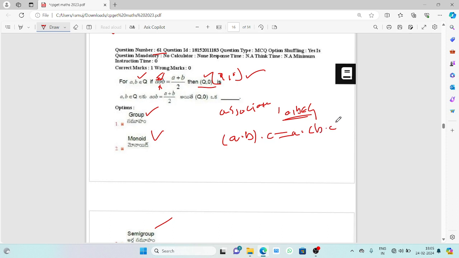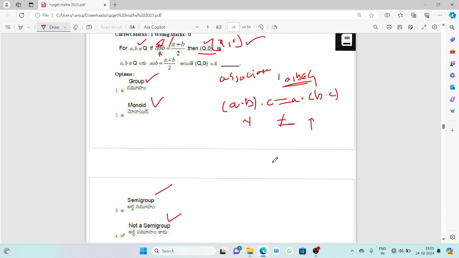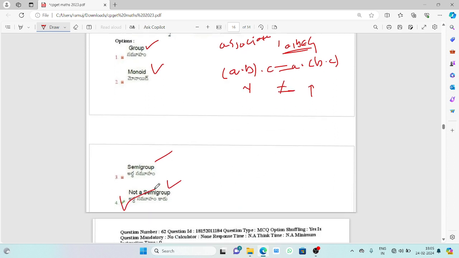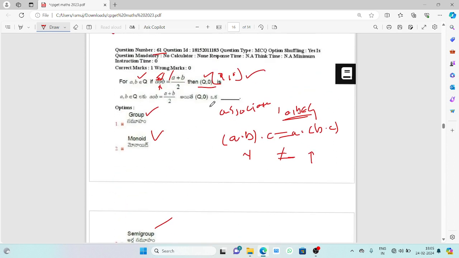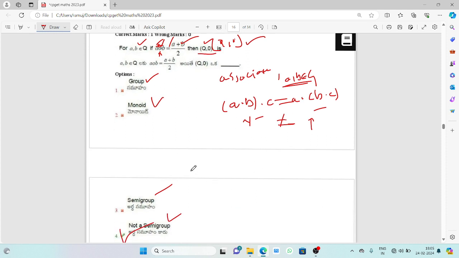We take this using the binary operation. If you work out the left hand side and right hand side, they are not equal. They will never be equal. So at that time we can say that it is not a semigroup. If you apply the condition to the left hand side and right hand side, they will never be equal. So that's why this does not satisfy the semigroup property.